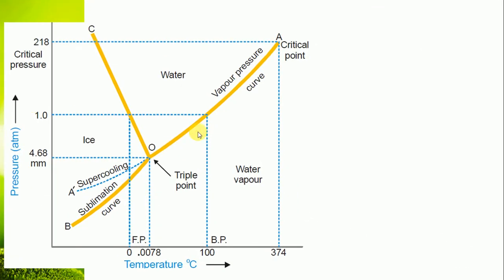Now we can see that in the water system there is also a curve which is represented by OA prime, and at this point it is written supercooling. Supercooling means it is liquid but it is below 0 degrees Celsius. It is still liquid at this point, which is certainly below 0 degrees Celsius.